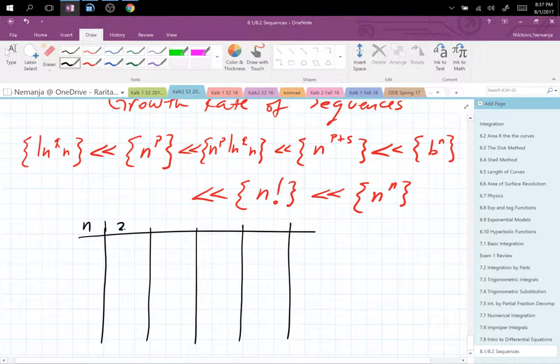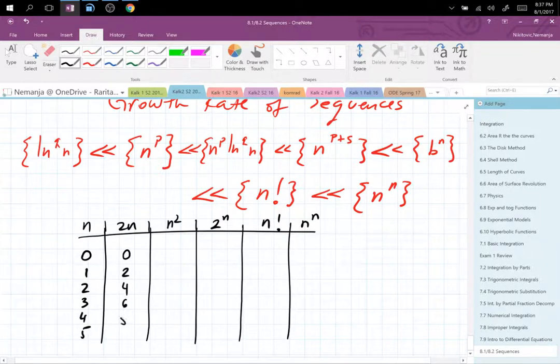n, 2n, n squared, 2 to the n, n factorial, n to the n, for n equals 0, 1, 2, 3, 4, 5. So 2n doubles each time and clearly grows faster, because by the time you are at n equals 5, the other one is at 10.